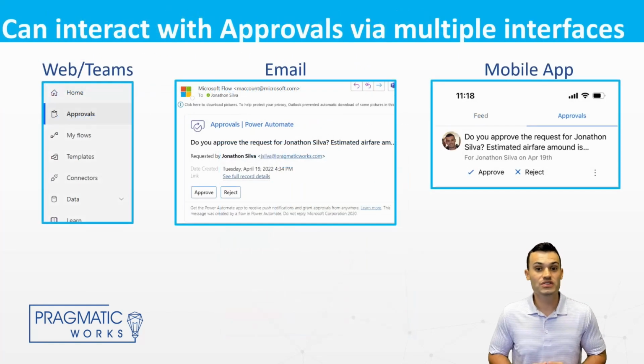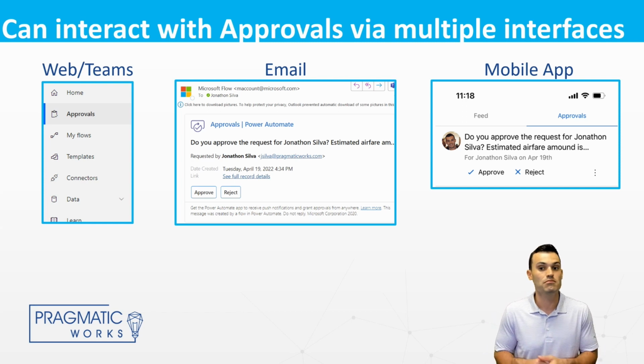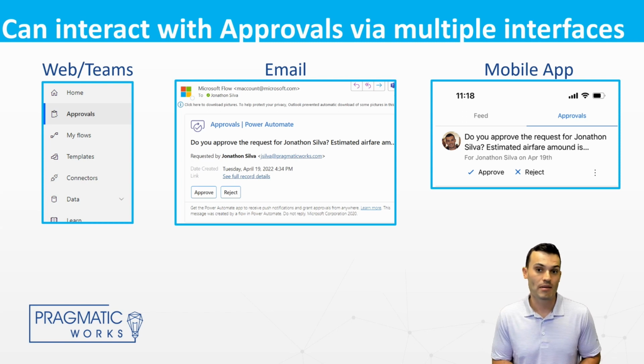We can also interact with approvals on multiple different interfaces. Not only can we approve different processes from the web application at powerautomate.com or flow.microsoft.com, we can also do the exact same thing inside of Microsoft Teams, in the desktop app and in the web application.